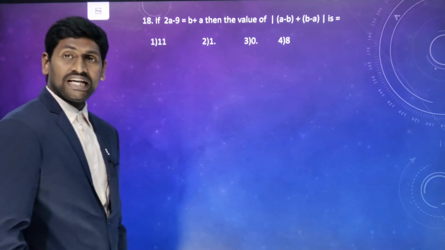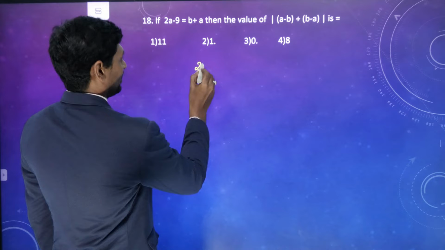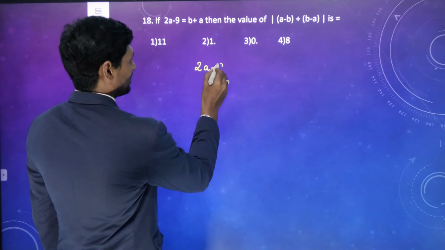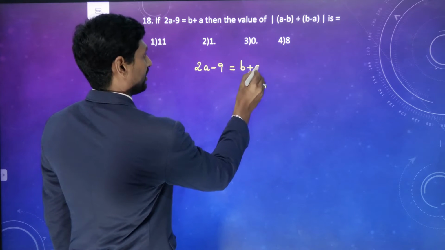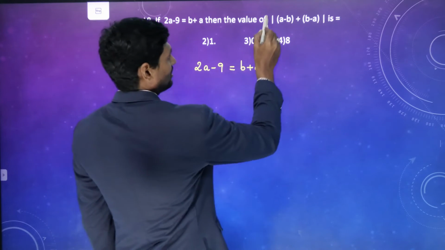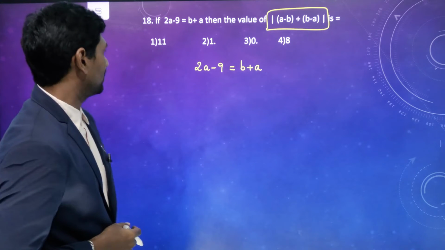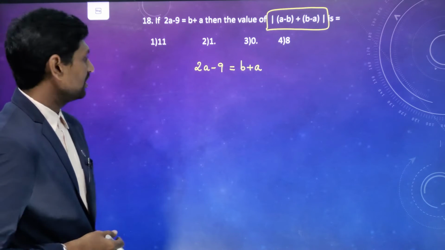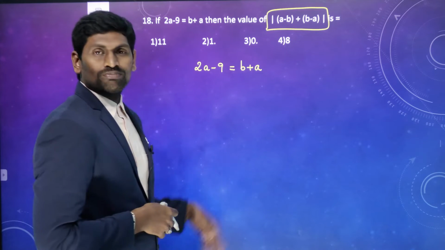Coming to the next question, the 18th question. I am writing the expression 2a minus 9 equals b plus a. It is an equation, and we need to find the value of the given expression. Before that, let me find a clue from this equation.